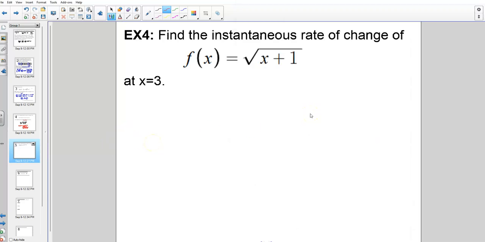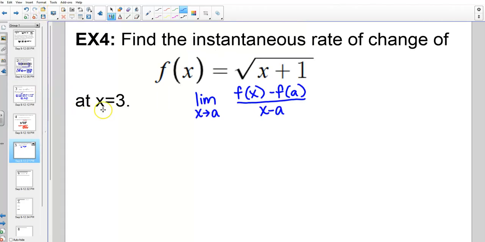So the formula for the limit definition of a derivative, what we just wrote on that last one, is the limit as x approaches a of f of x minus f of a over x minus a. In this particular case, 3 is going to be my a. The point they're asking you for is going to be your a value.